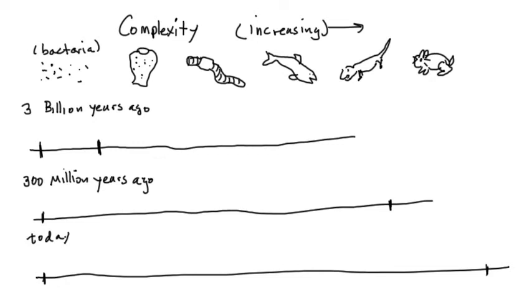But now we have to plot the relative frequencies of life forms at the various levels of complexity. 3 billion years ago, this might have looked like a symmetrical bell-shaped distribution. Now, think about today. What is the most common form of life on the planet today?